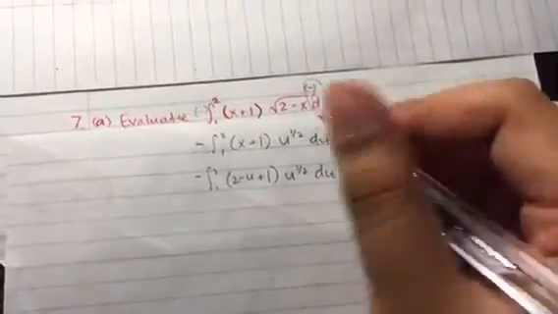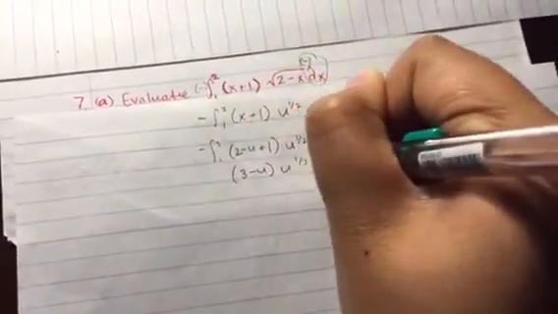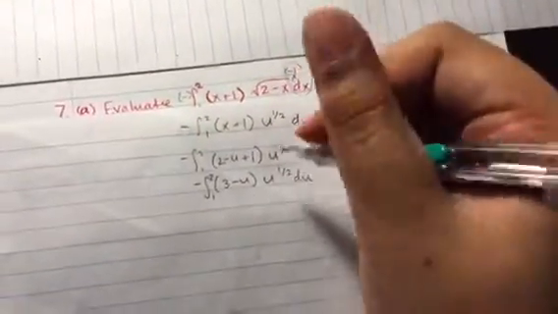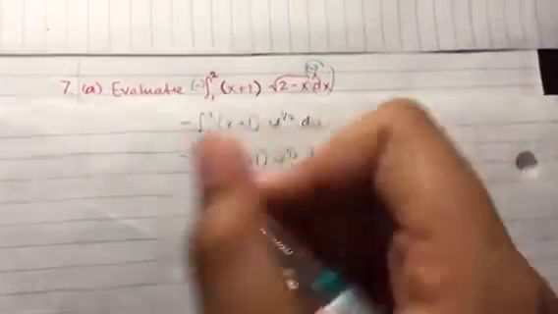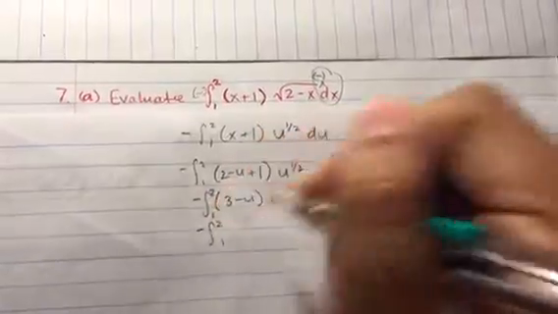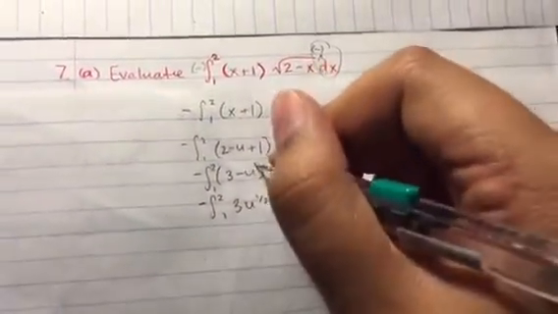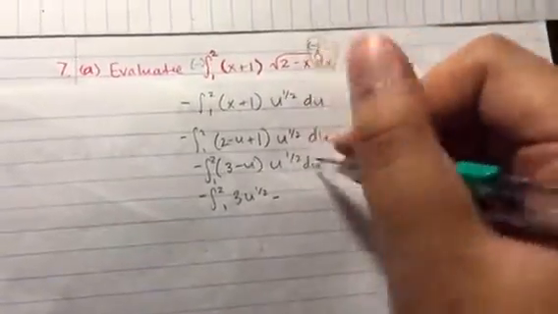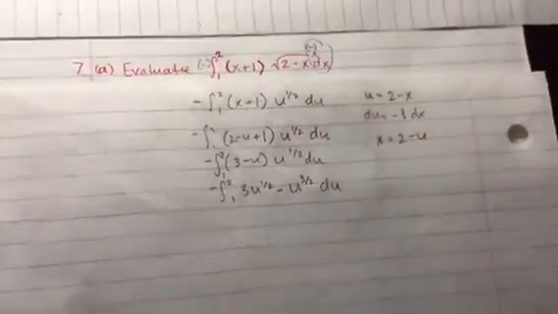And then we solve down from here and we get negative integral from 2 to 1 of 3 minus u, times u to the 1/2 du. And then we can distribute this u in so that we get negative integral from 2 to 1 of 3u to the 1/2 subtracted by u to the 1 plus 1/2, so we have u to the 3/2 du.